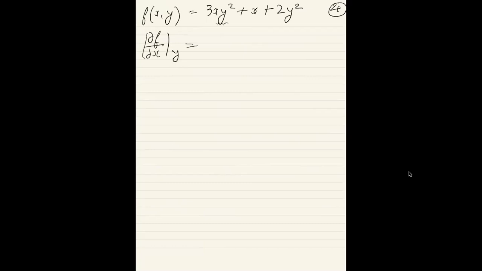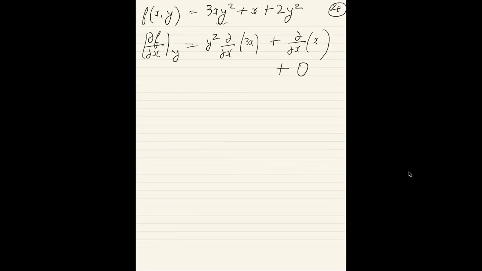We do nothing to it. So what does that mean? That would be y squared partial with respect to x of 3x, because it's a constant, so it comes up front, plus partial with respect to x of x, and this third term is just going to be 0 because y is a constant. So when differentiating with respect to x, there is nothing that is changing over here.